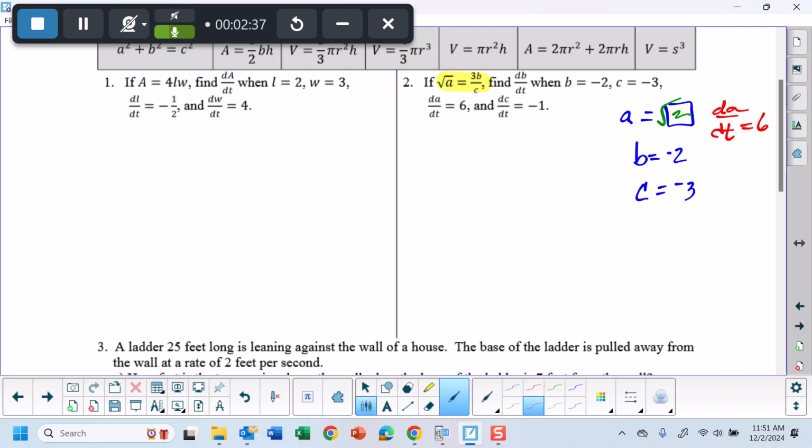When we look at each of these rates, it gives us the rate of change of A, it gives us the rate of change of C with respect to time, but you'll notice it doesn't give us the rate of change of B, and that is because that is what we're solving for.